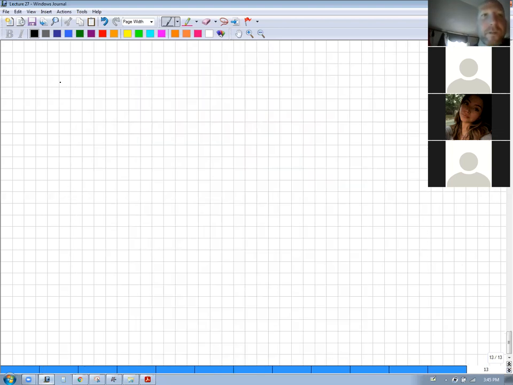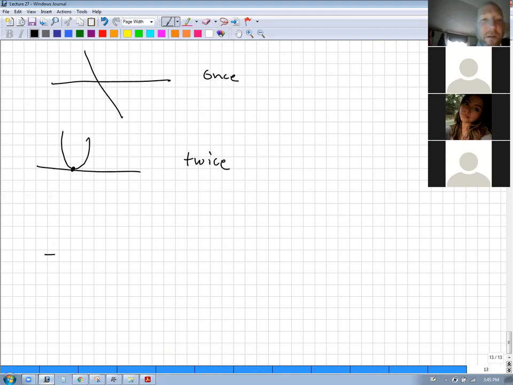So yeah, it crosses if it shows up once, right? It touches if it shows up twice. And you get an inflection point. See this? So it's like that. That's what happens if the roots show up 3 times.